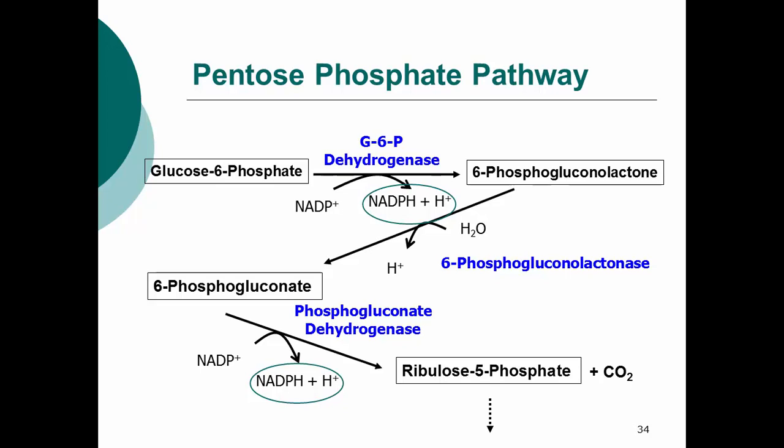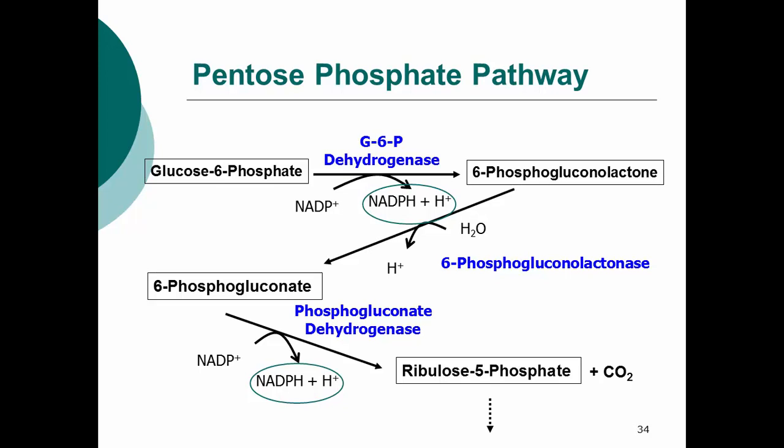Glucose 6-phosphate is the substrate for the pentose phosphate pathway, right? And it goes through several steps. And the purpose of the pentose phosphate pathway is to generate ribose 5-phosphate, a five-carbon sugar phosphate, right?